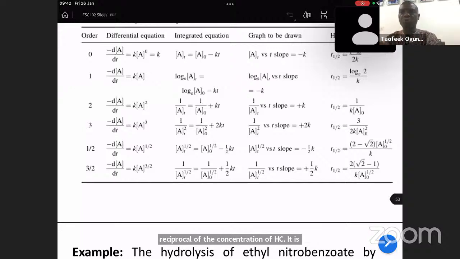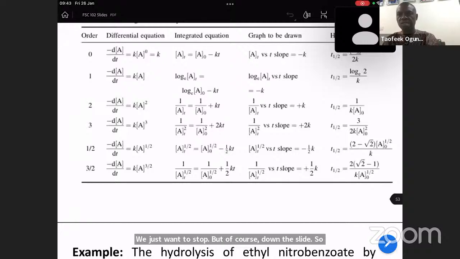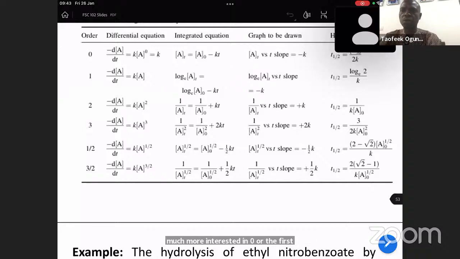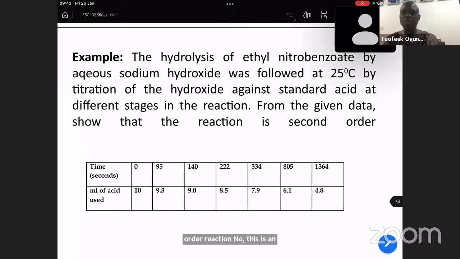Then the slope of that should give you plus K. And remember, the K here is the rate constant. We don't want to go to third order reaction. We just want to stop. But of course, they're on the slide so that you can actually see them there. For this one, we're much more interested in zero order, first order, and second order reaction. Now, this is an example of what I was talking about.